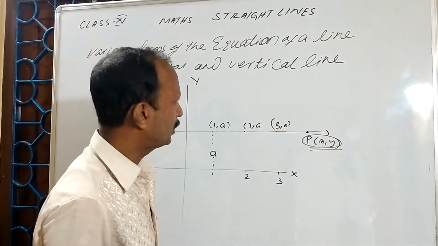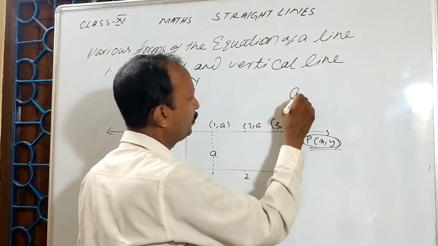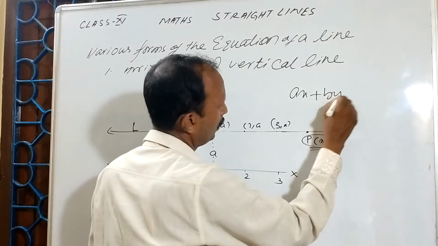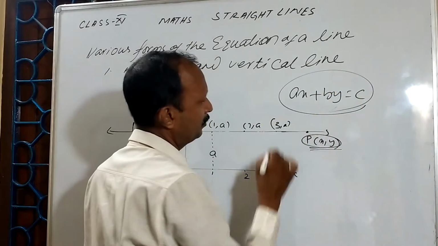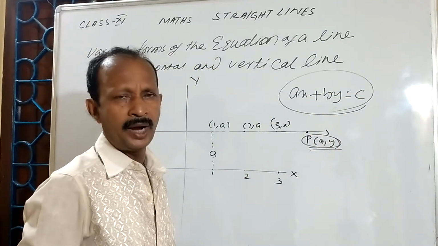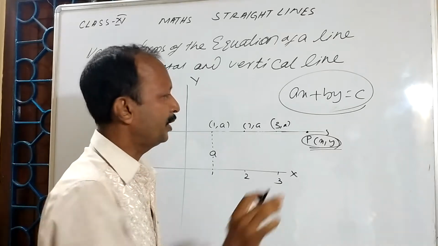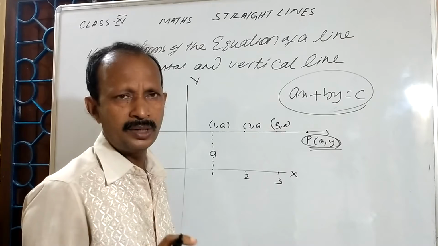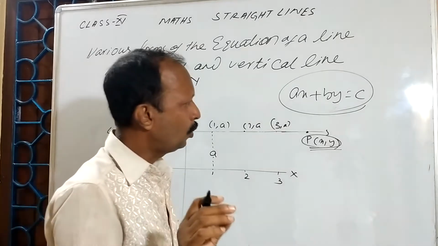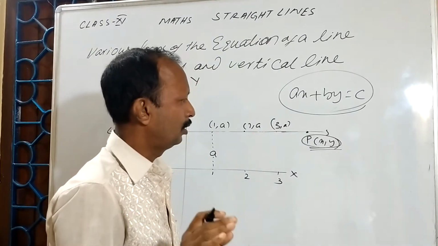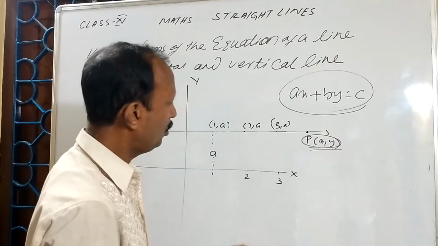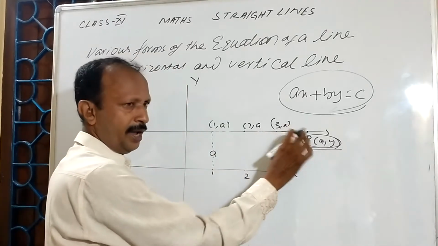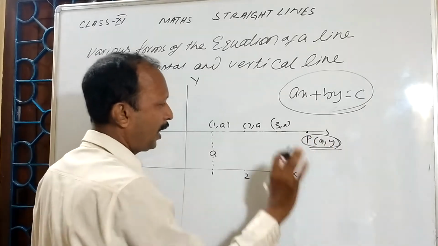The thing is that all the equations should be in the form ax plus by is equal to c, the standard form of the linear equations in two variables. Okay, so I have taken a variable point P x, y.